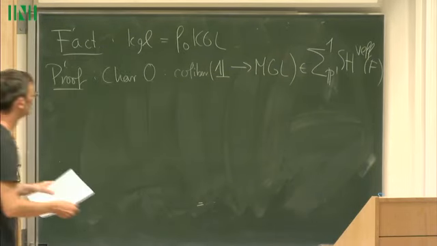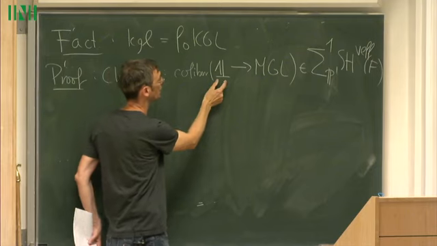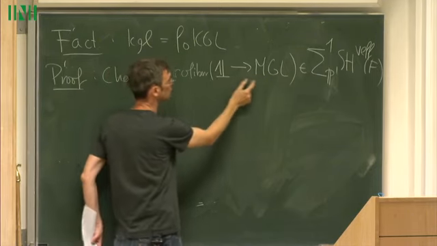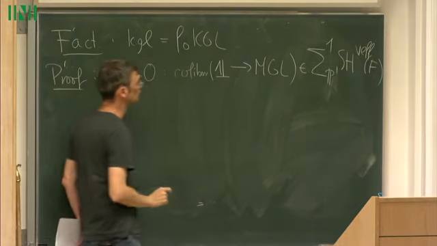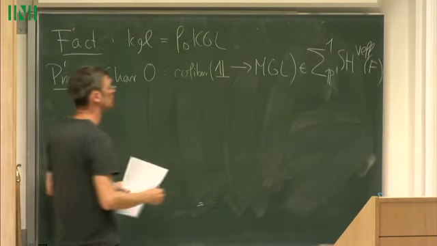As we've seen in Marc Hoyois' talk, you can think of this as a Thom spectrum for a point, and this is the Thom spectrum for the general linear group.